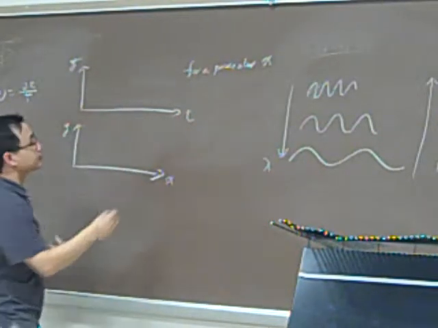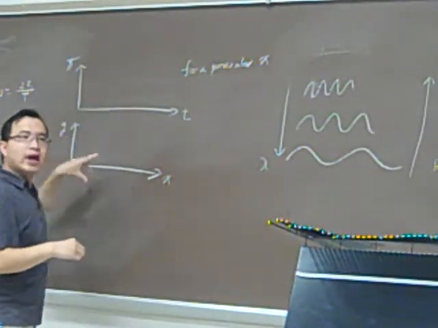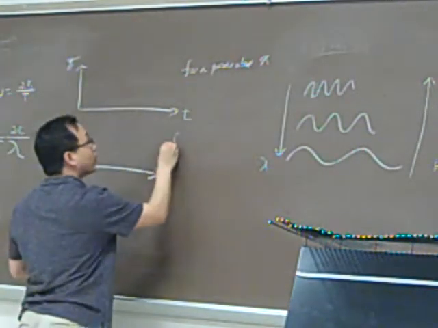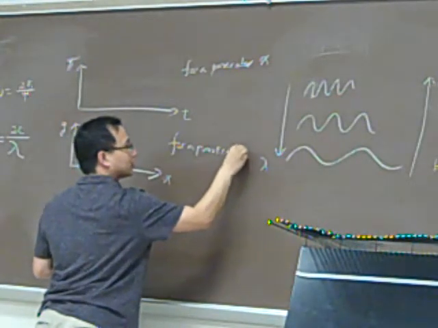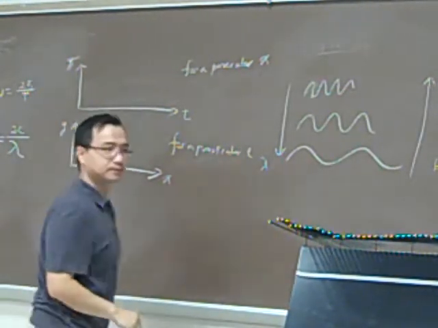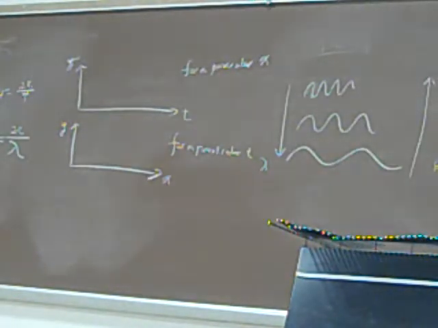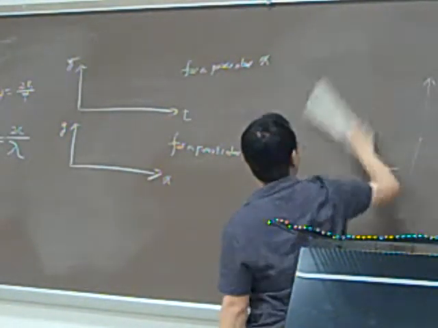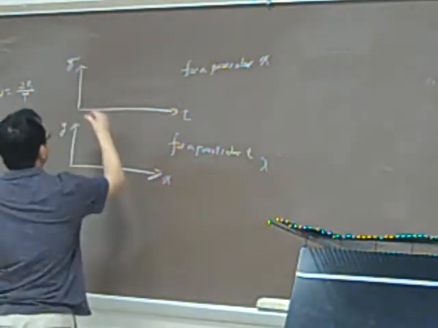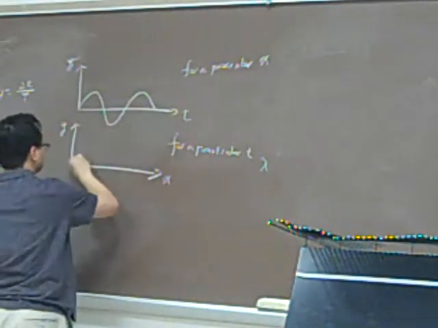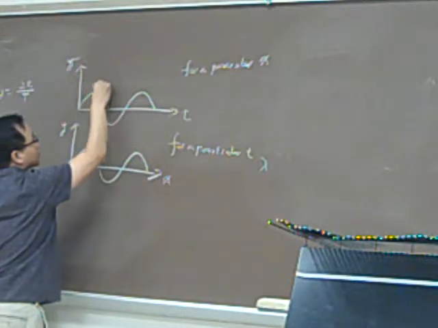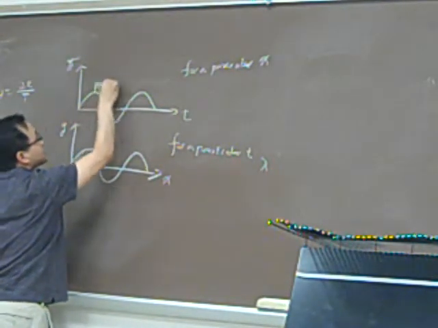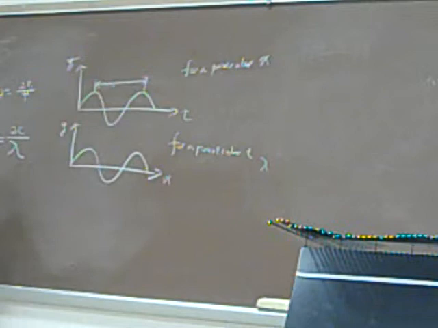And this graph is the graph of the wave for a particular time t. And they will look similar to each other. Harmonic function.